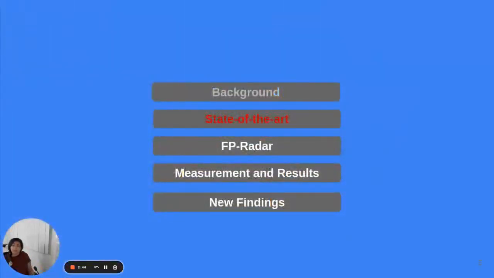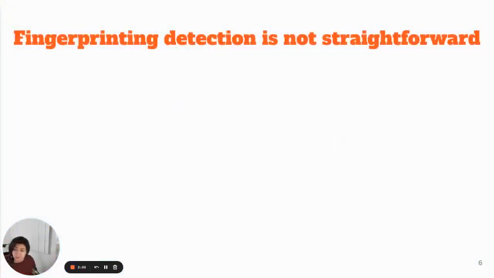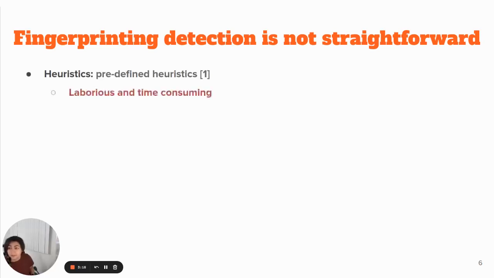Next, let me talk a little bit about some of the issues of existing state-of-the-art browser fingerprinting detection mechanisms. In contrast to cookies, it is not trivial to detect and block fingerprinting. Fingerprinting detection requires sophisticated static and dynamic analysis. Prior work has tried to detect browser fingerprinting using manually crafted heuristics, but the heuristics have several limitations.